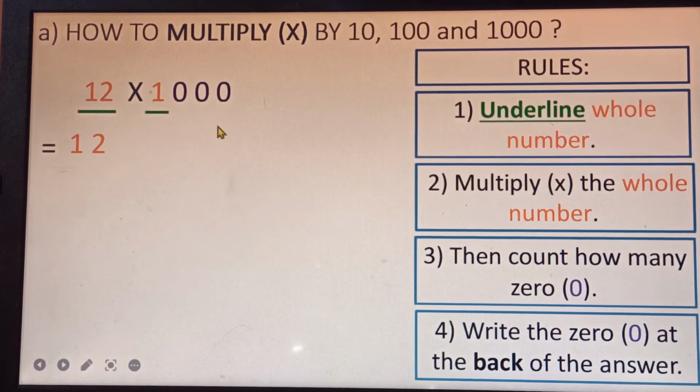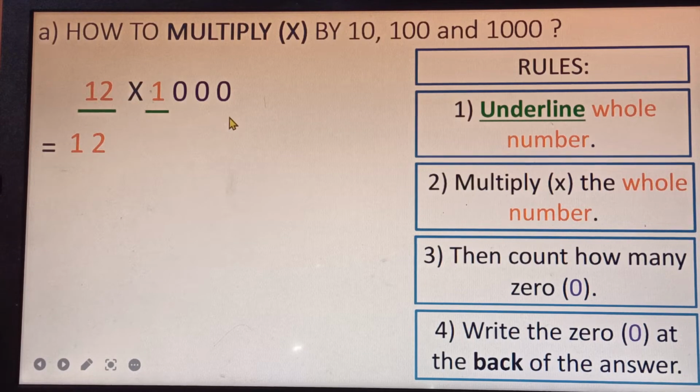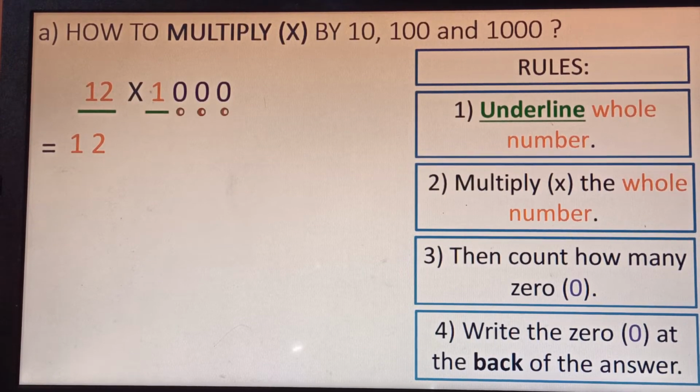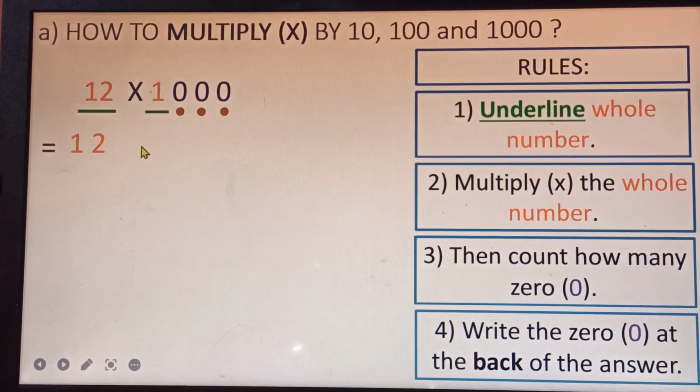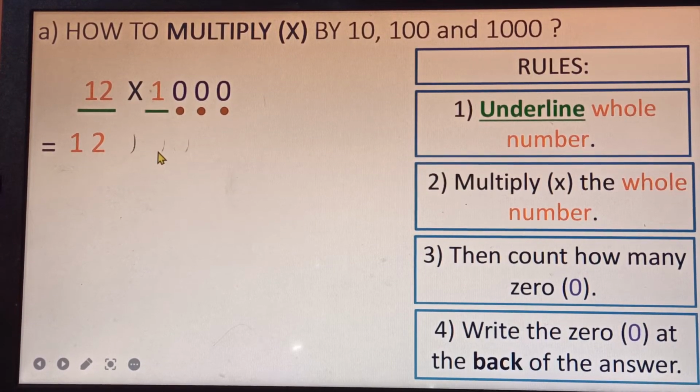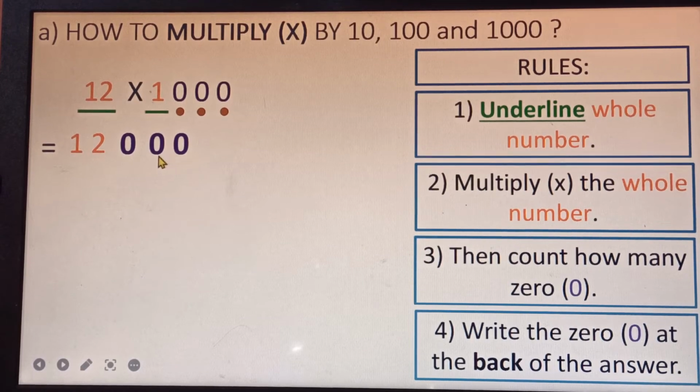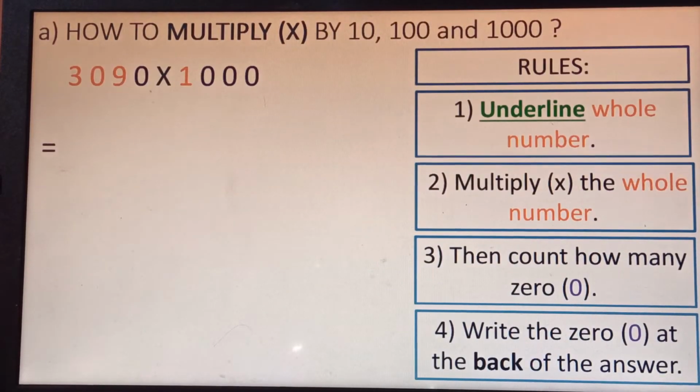Count the 0 di belakangnya. There are 3 0. Yes. 1, 2, 3. Di sini di belakang 12 ini tiada 0. So no need. So ada 3 saja. So we want to write down the 0 from ones, tens and hundreds. So you got 12,000. Alright, let's try the next example.